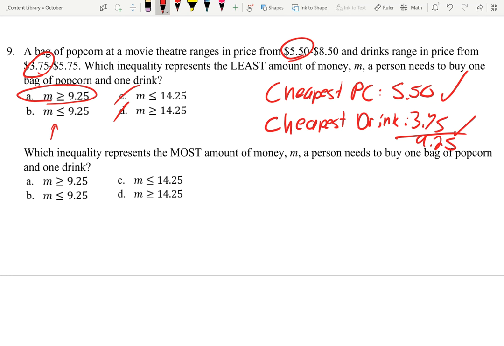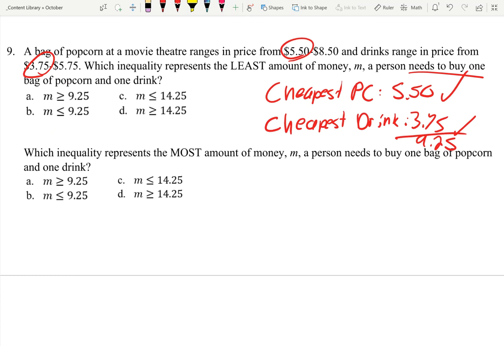This person needs to buy a bag of popcorn and a drink, and then the lowest amount they're going to spend is $9.25. Meaning they can spend more than or equal to $9.25, which is option A, not option B. So just be very careful with how you pick those.